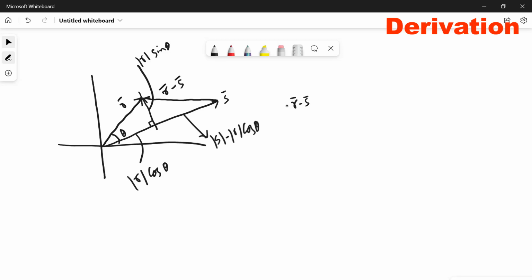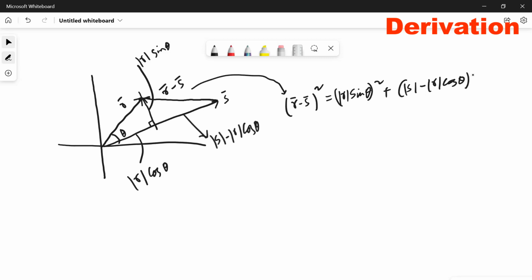From the Pythagoras theorem, we can write r minus s whole square equal to r sine theta plus s minus r cos theta whole square.